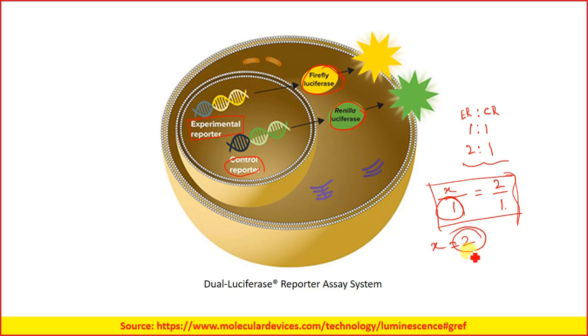This will allow you to have a more accurate result, because you have a control reporter and you can cross check whether it is in the 2 is to 1 ratio. You have put it in the 2 is to 1 ratio, and then you can look into the luminescence pattern. So, am I clear?